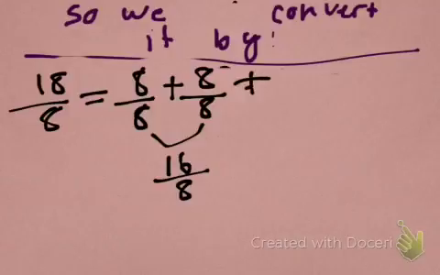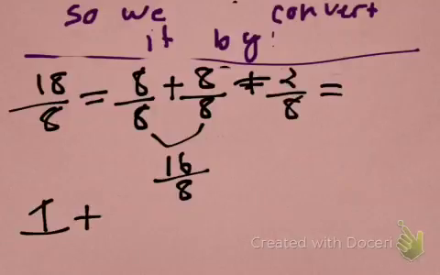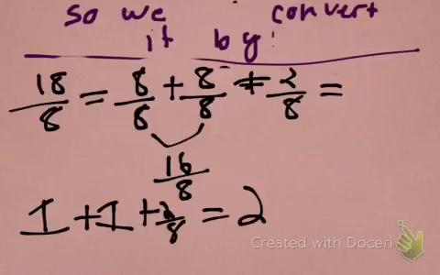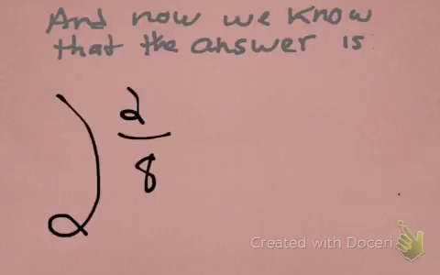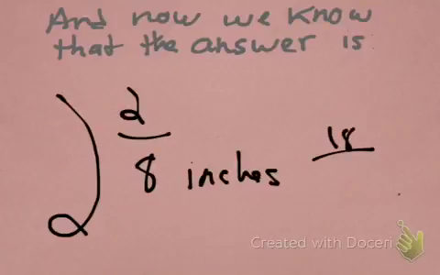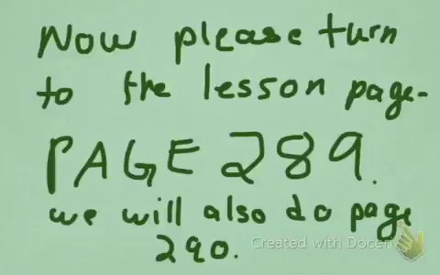So we'll do plus 2/8, which gives us 1 plus 1 plus 2/8, which also equals 2 plus 2/8. Our grand total is 2 and 2/8. So now we know that the answer is 2 2/8, and don't forget to put the unit, inches. You can also leave it 18/8, but it would be better to convert.